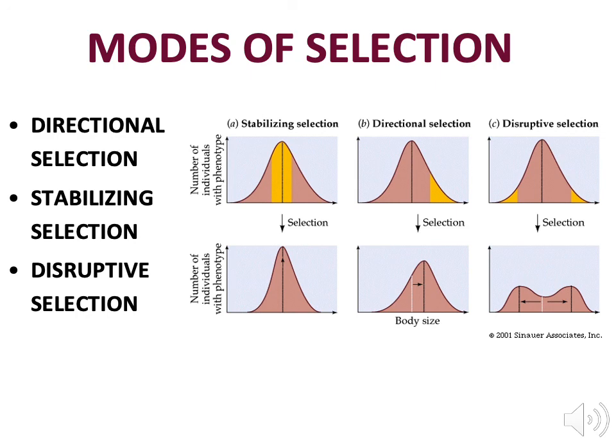Now, probably the most critical one is the last example, which is disruptive selection. In disruptive selection, what I'm doing is I'm selecting for both extremes of the bell-shaped curve. In this case, maybe I'm selecting for the larger sized organisms. Maybe there are some characteristics of being big that improve your ability to survive and reproduce.